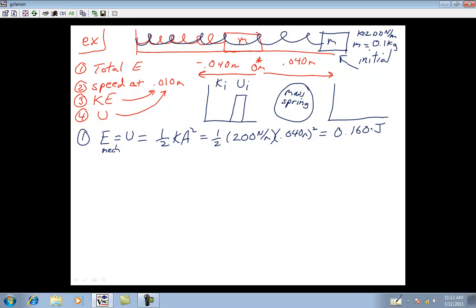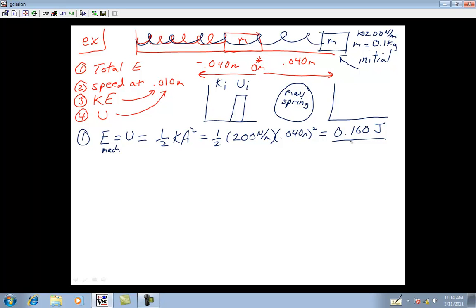So that's my total mechanical energy right here at the beginning, and at any time afterwards. This value has to be a constant throughout the entire movement of that object, no matter where it is. The kinetic and potential have to always equal that value.